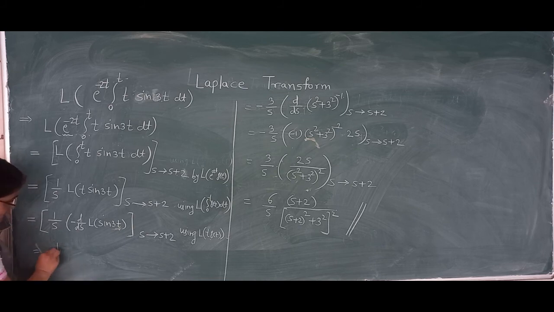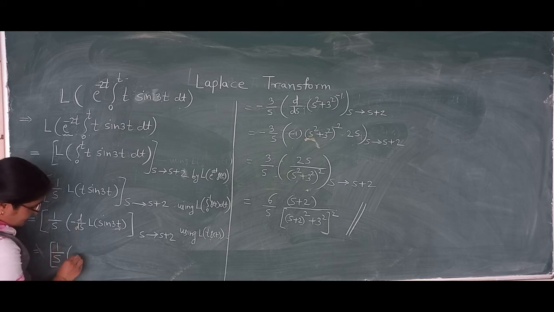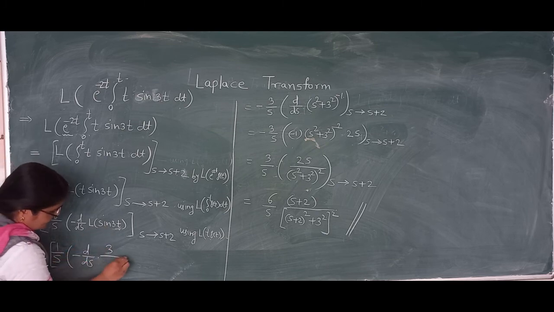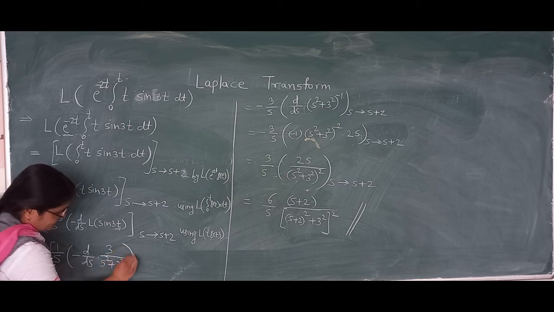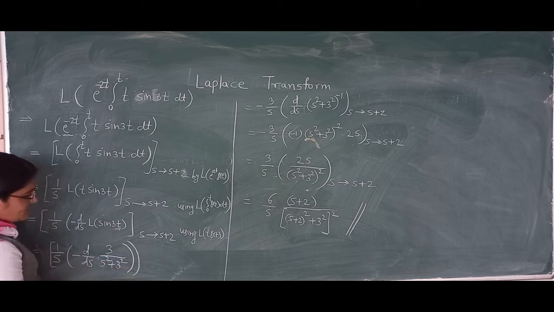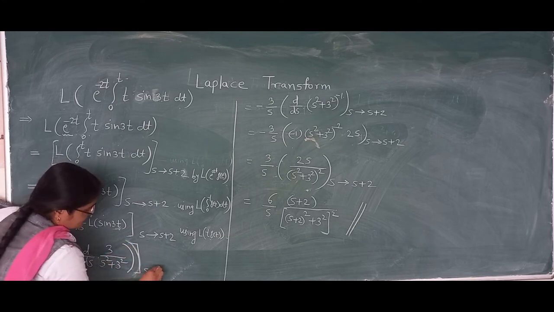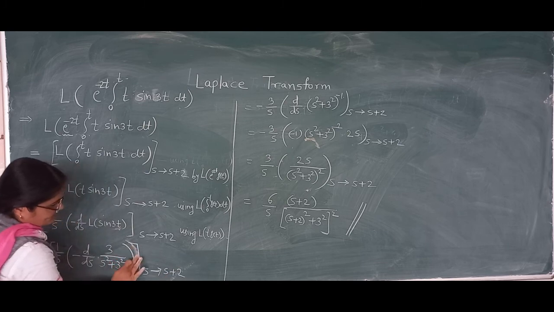So 1 by s, here minus d/ds of Laplace of sin 3t, which is 3 upon s square plus 3 square, s shifted by s plus 2.